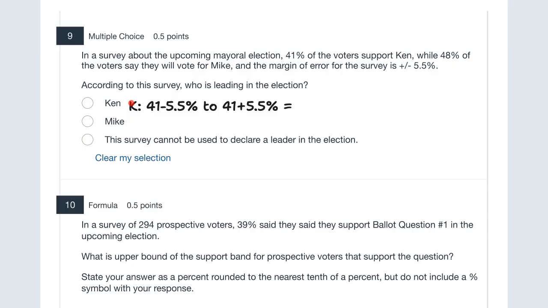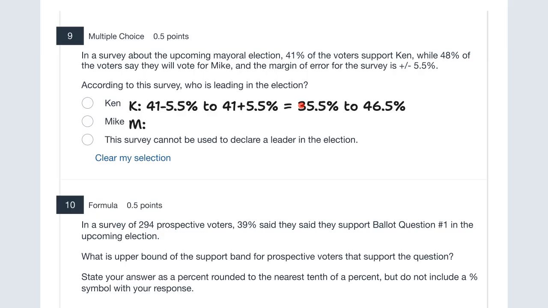So 41 minus 5.5% is 35.5%. And the upper bound is 46.5%.